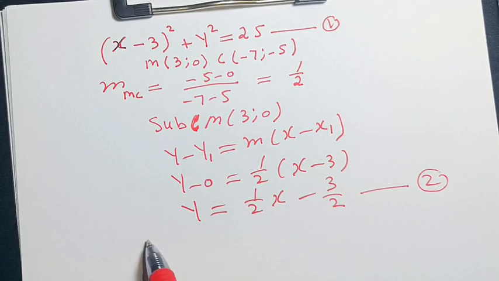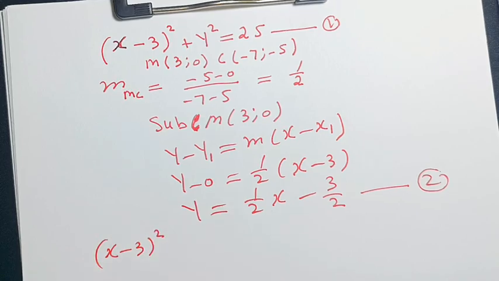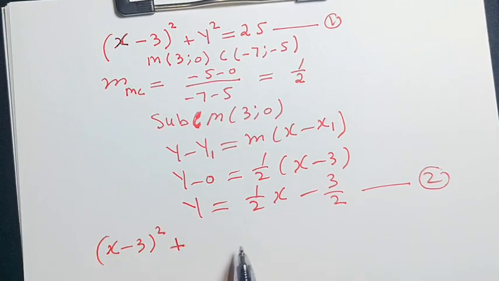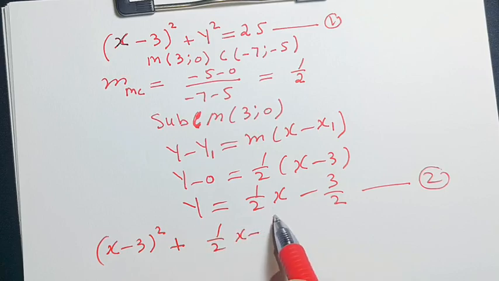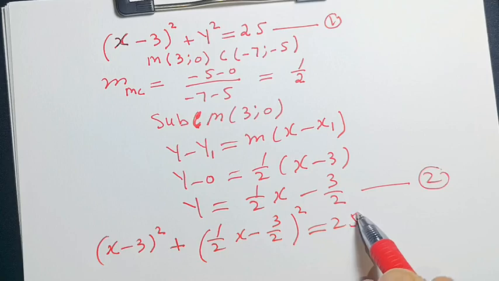So (x minus 3) squared plus, in place of y, it's going to be (1 over 2 x minus 3 over 2) squared is equal to 25.